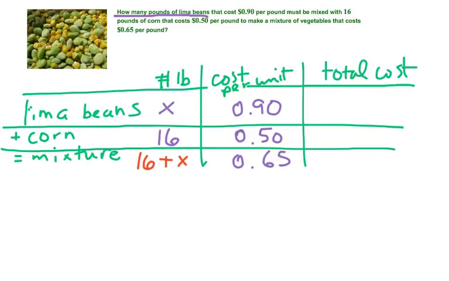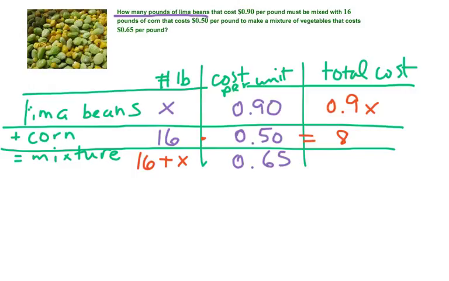The total cost, though, if I take my pounds, I'm buying 16 pounds of corn at 50 cents per pound. I can multiply the 16 pounds times the 50 cents per pound to get my total cost, which is going to be $8. Okay? 0.5, 1/2 times 16 is 8. And then X times 0.9, I'm going to get 0.9x for my total cost. It's an algebraic expression for my total cost for the lima beans.